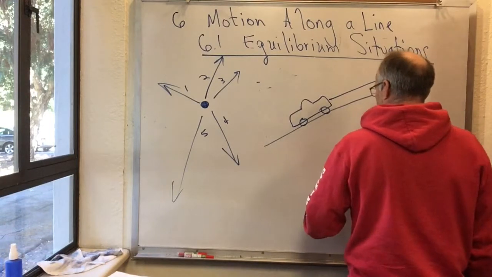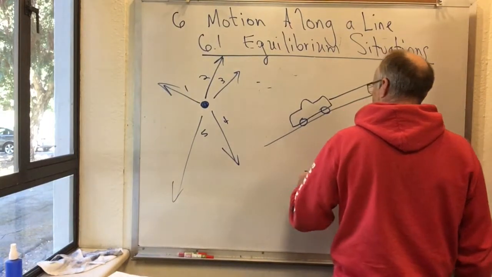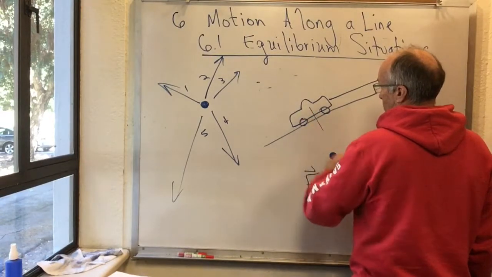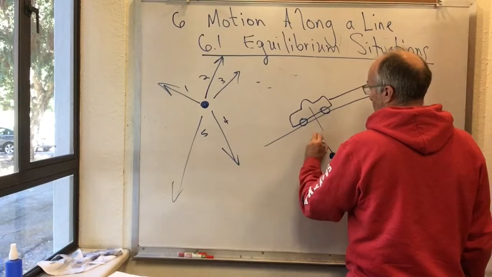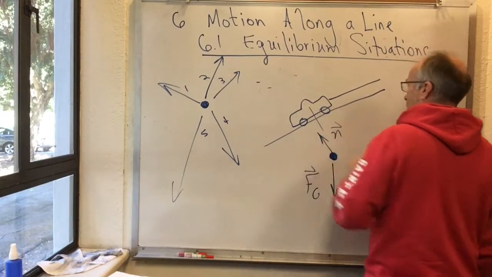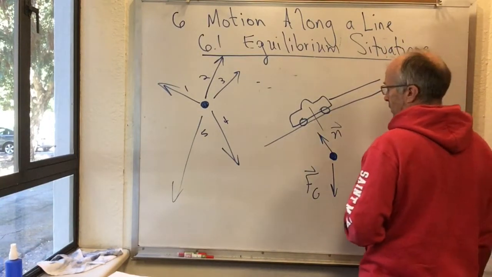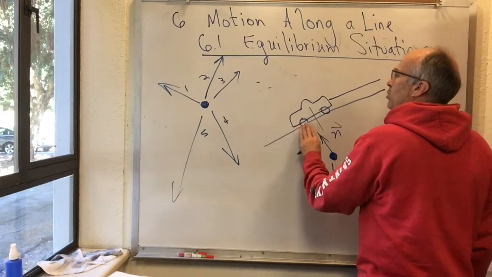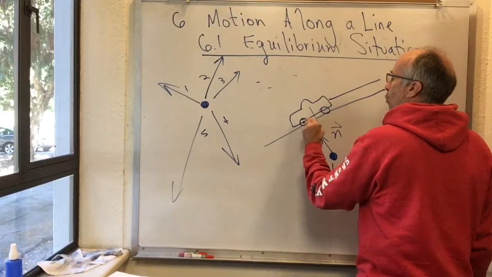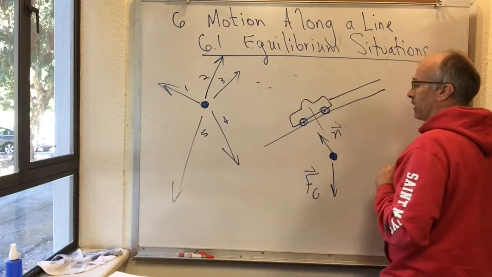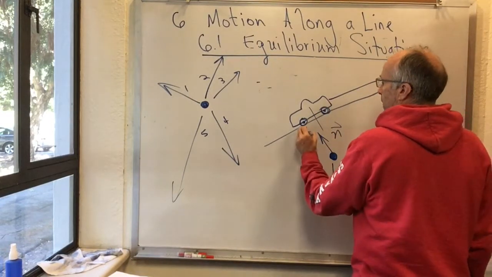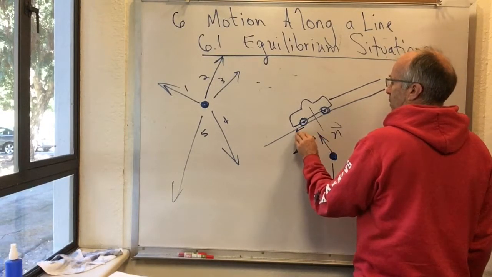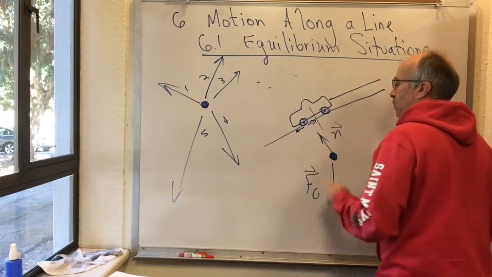We know that there's the force of gravity going downwards. We know that if I draw a perpendicular to this hillside, there's a normal force on the car that is perpendicular to the hillside. Let's just assume here that these wheels roll really easily, so we don't have to worry about some friction pulling that way or friction pulling that way.